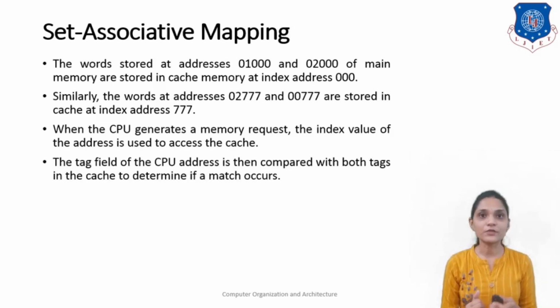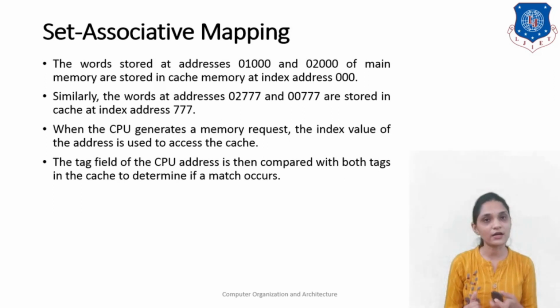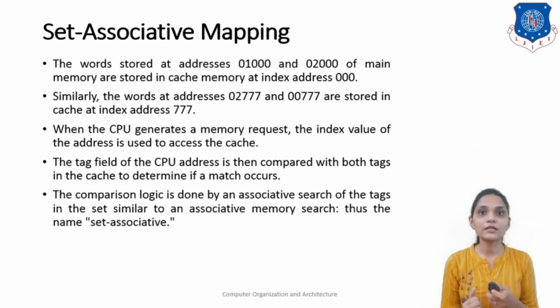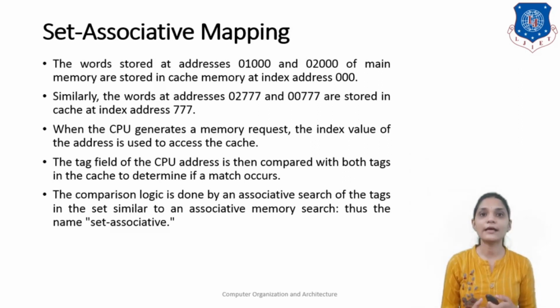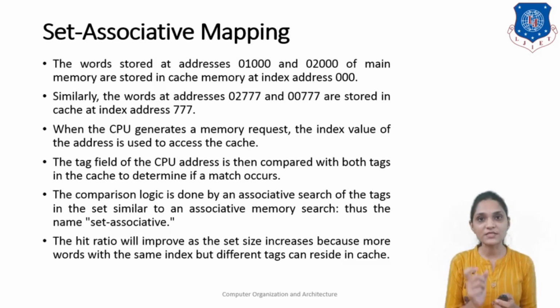The tag field of the CPU address is then compared with both of the tags in the cache to determine if a match occurs. The comparison logic is done by an associative search of the tags in the set, similar to an associative memory search, thus we use the name set associative memory. So we are using sets and also associative memory.